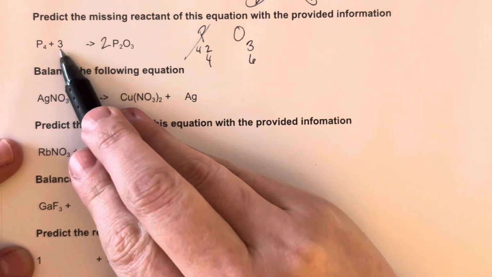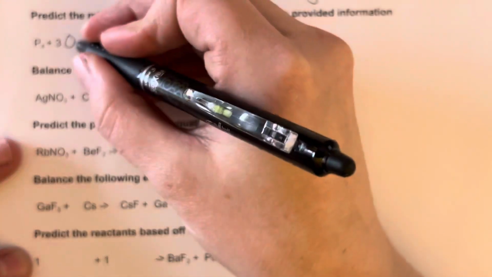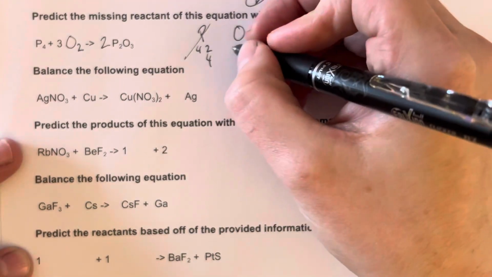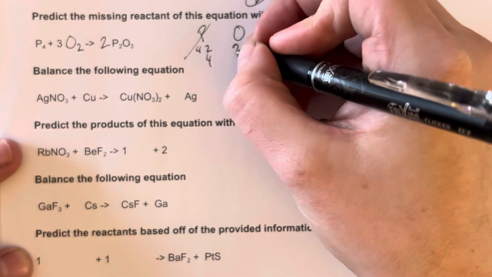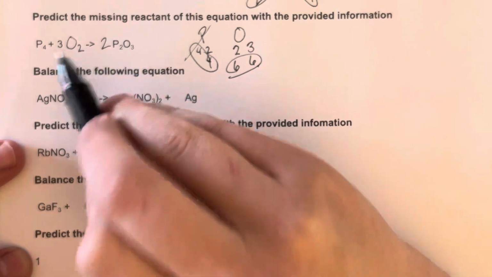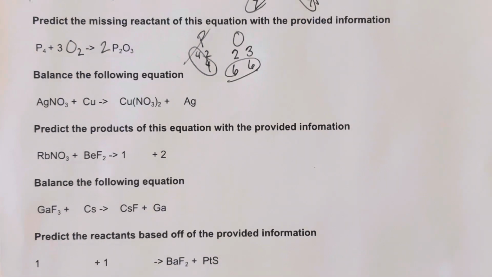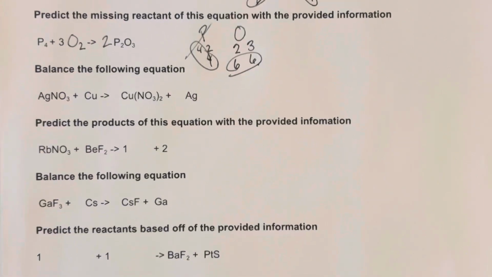I have a coefficient of 3 here, so 3 times what gives me 6? 3 times 2 gives me 6, so this has to be O2. And so now everything is balanced. This has to be my missing reactant, and that would be my final answer there.